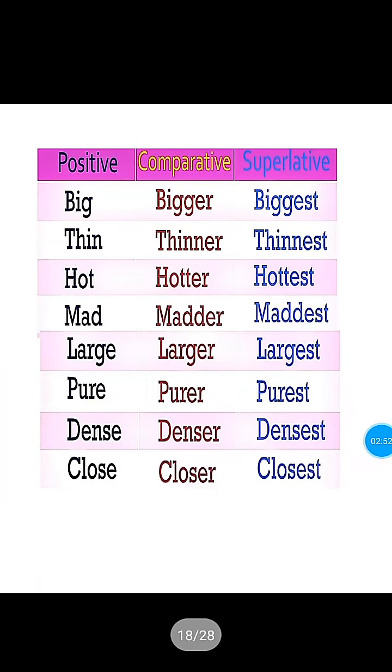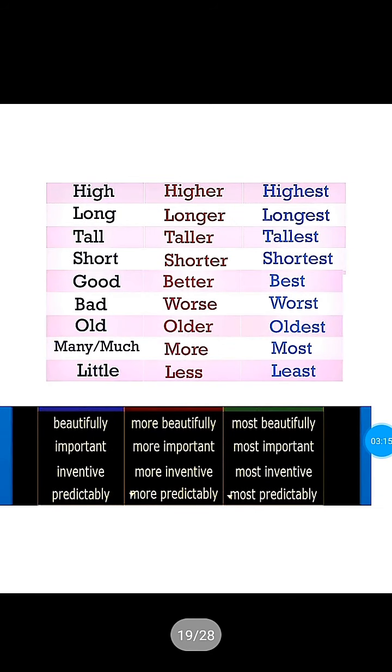Let us see some more examples. The 3 degrees of the adjectives: big, bigger, biggest; thin, thinner, thinnest; hot, hotter, hottest; mad, madder, maddest; large, larger, largest; pure, purer, purest; dense, denser, densest; close, closer, closest; high, higher, highest; long, longer, longest; tall, taller, tallest; short, shorter, shortest; good, better, best.